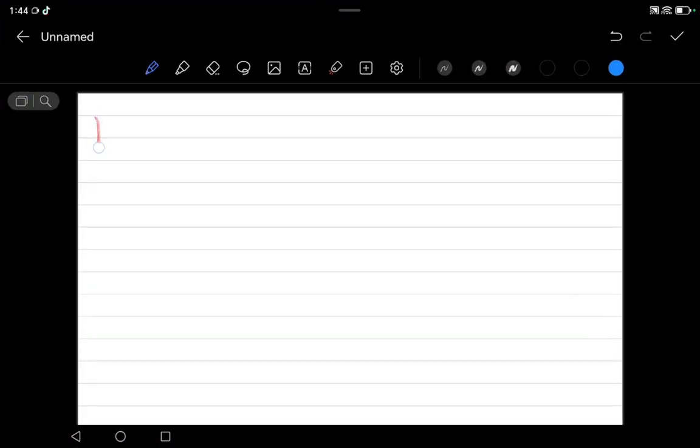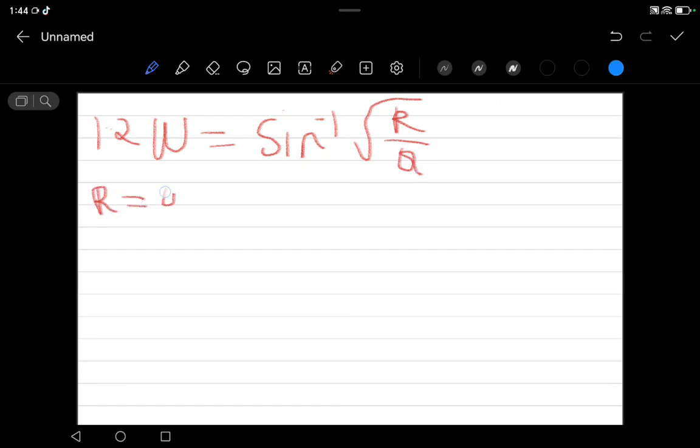This is 1.2. We are given that W is equal to inverse sine square root of R over Q. We're also given R as 0.21 g, and Q as 0.32 g.